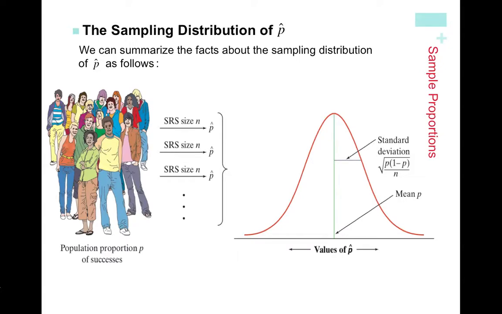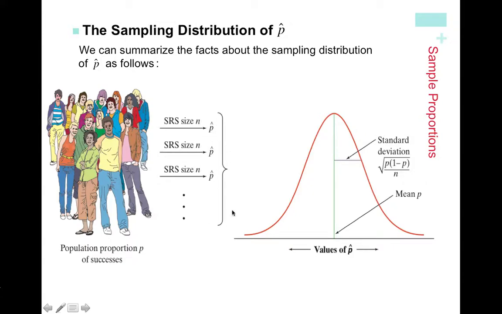So here we have a visual summary of what we've just discussed. We have a population of items, and in that population there is a proportion p of successes. We are going to sample repeatedly a simple random sample of size n, and from that sample calculate our sample's proportion.